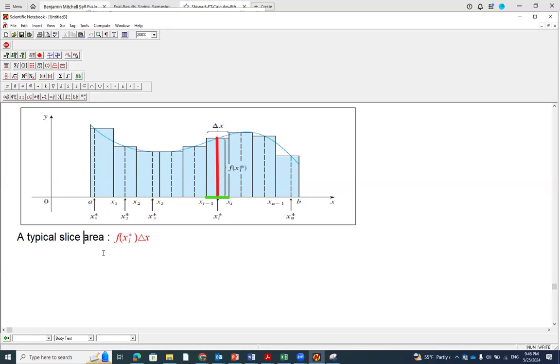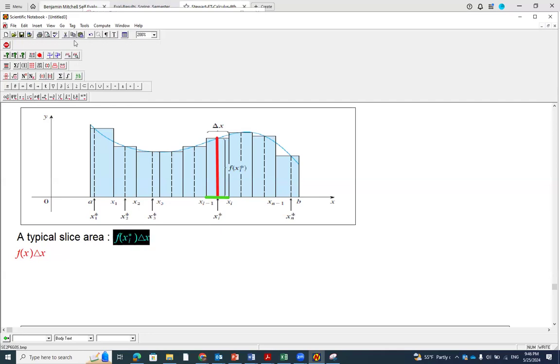Okay, then we're gonna add them up. Imagine on the first area, we're gonna have f of x1 star. Sorry about that. So I'm gonna rewrite it, okay?